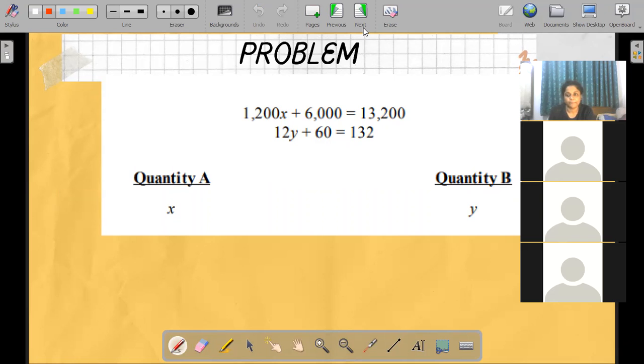Quantity A will be equal to quantity B. So what is that option? You're not supposed to say A is equal or greater than B. Which is that option? D option.